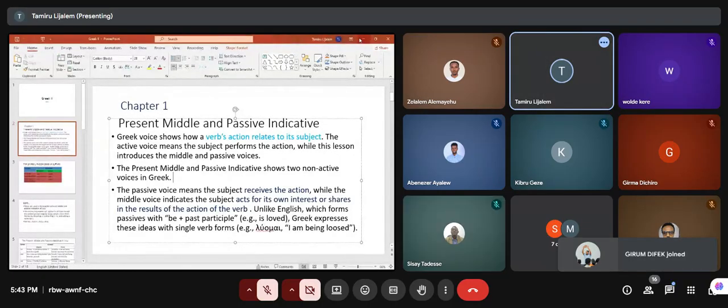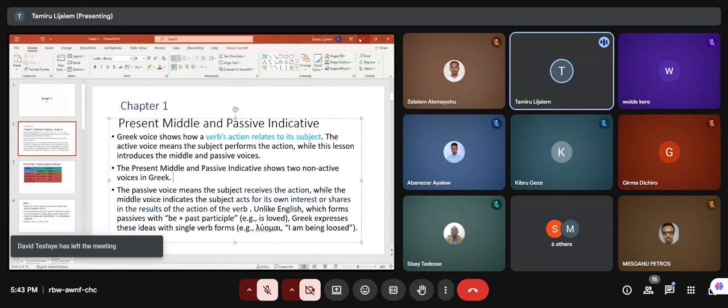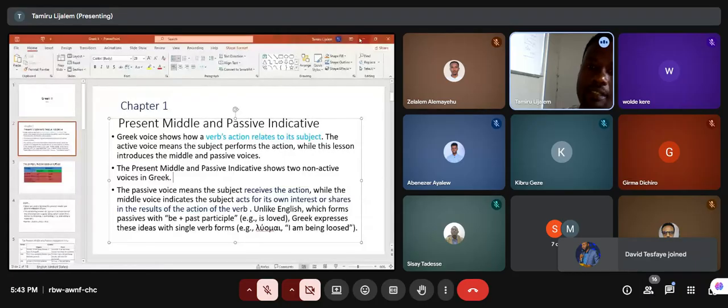Verbs have person. The person answers who does the action. It can be first person singular or plural, second person singular or plural, and third person singular or plural. In English, the person is described by a pronoun.